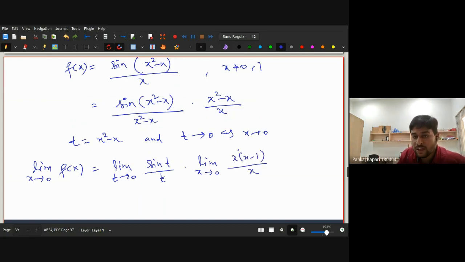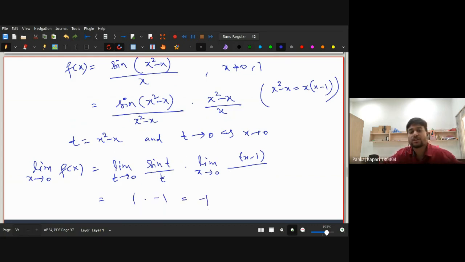We can just cancel these two things. You can notice that x square minus x is the same as x into x minus 1. So now this limit is 1, and this second limit is minus 1, so the product is minus 1.